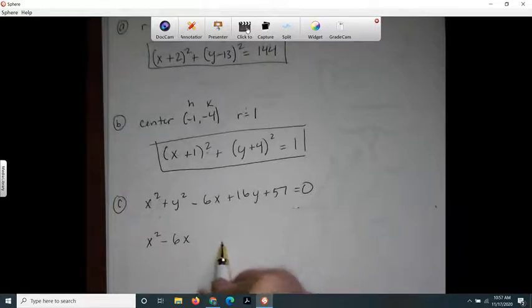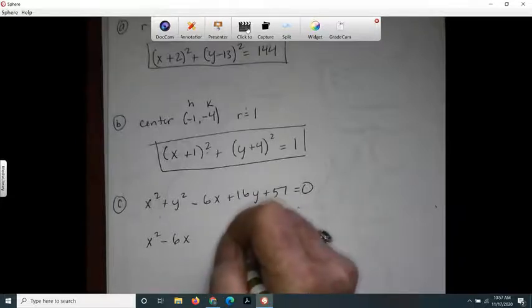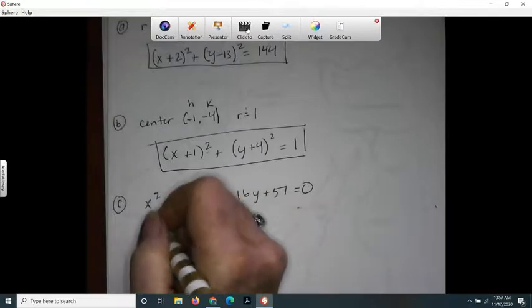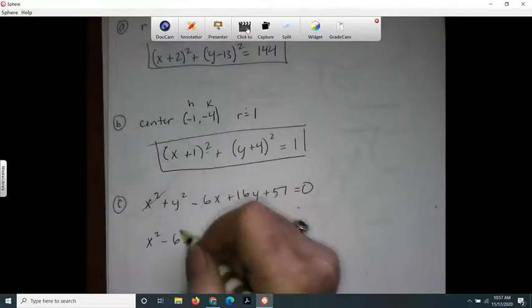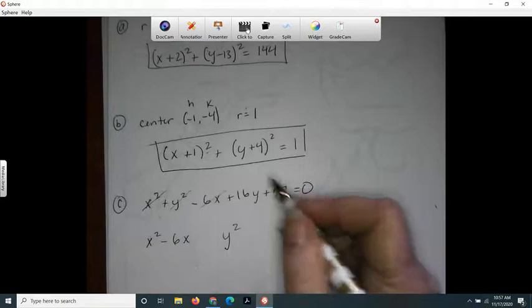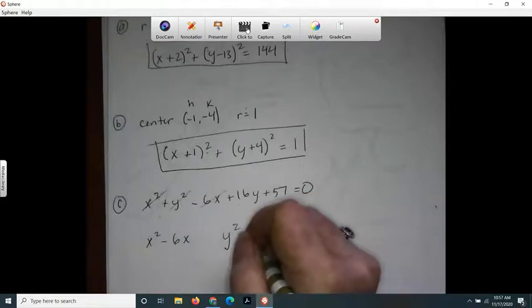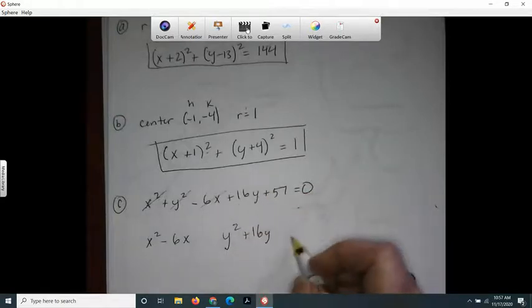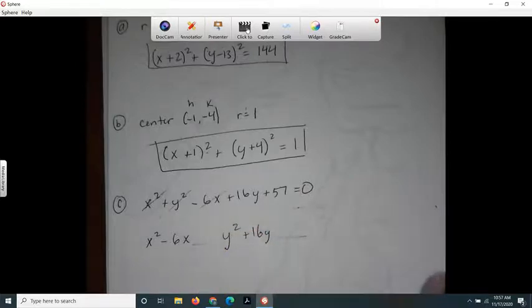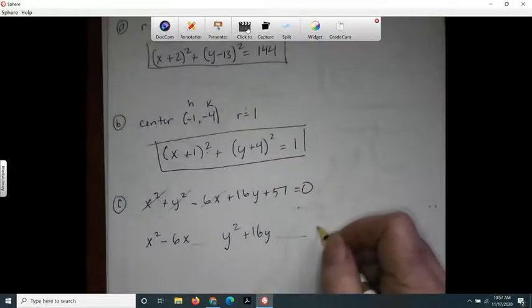And then I'm going to keep writing my y squared. So like I used the x squared and the negative 6x, and now I'm using the y squared plus 16y. I'm leaving a blank spot here and here for my complete the square numbers. And I think I will make the 57 go on the other side for a while.